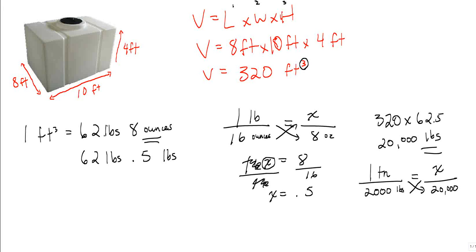Once again, cross multiply. 2,000 times x is 2,000x equals 1 times 20,000 is 20,000. We want to always isolate the x, so we'll divide this by 2,000. Now we have x equals 20,000 divided by 2,000 is 10. 10 tons Ted's tank will weigh once it is full of rainwater.